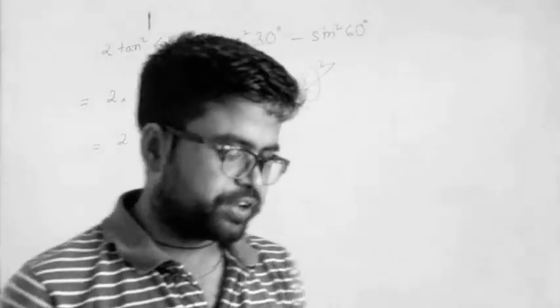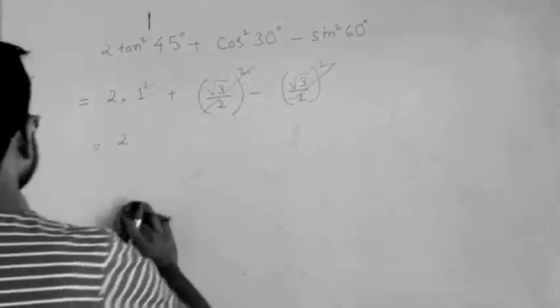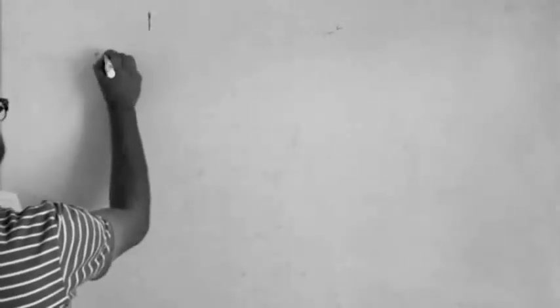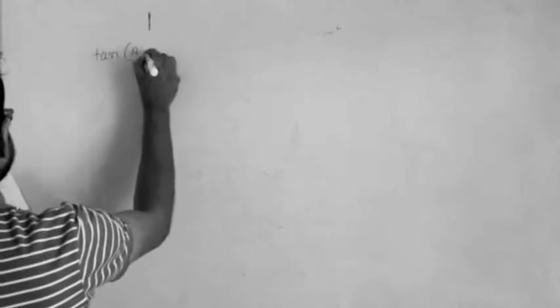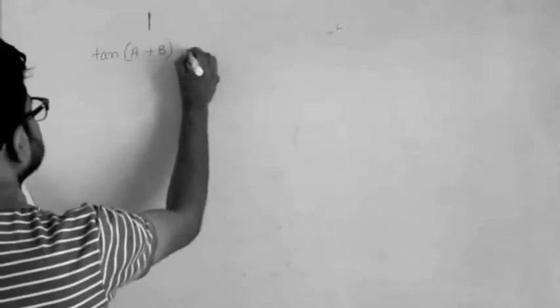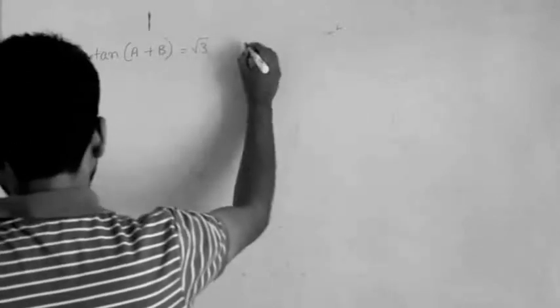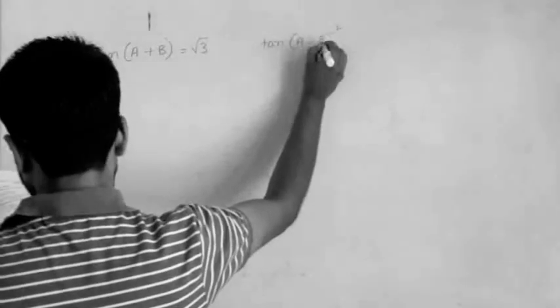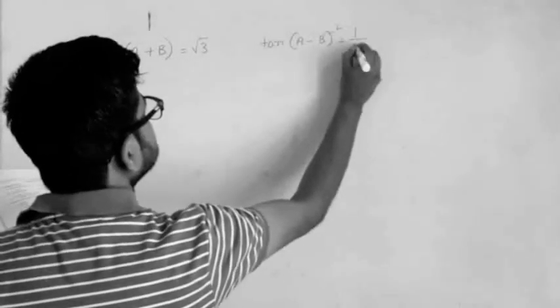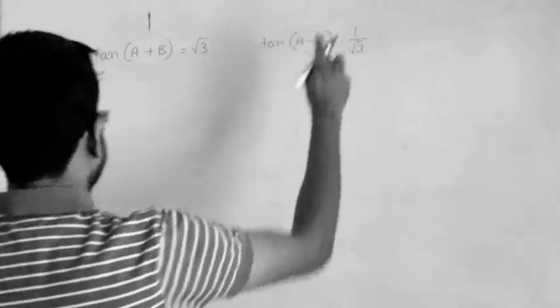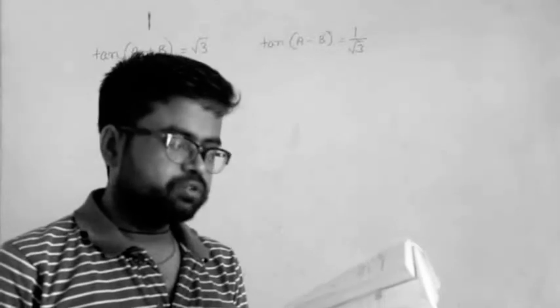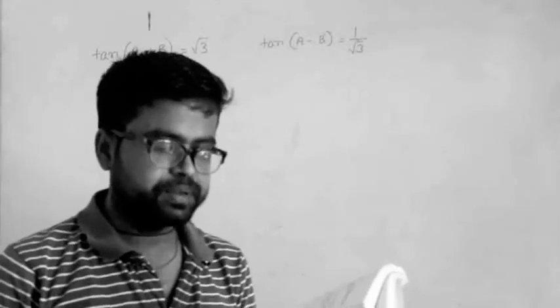Come to question number 3. In question number 3, you are given tan of a plus b equal to root 3 and tan of a minus b equal to 1 by root 3. Again, you are given a condition: a plus b is less than or equal to 90 degree and a is greater than b.